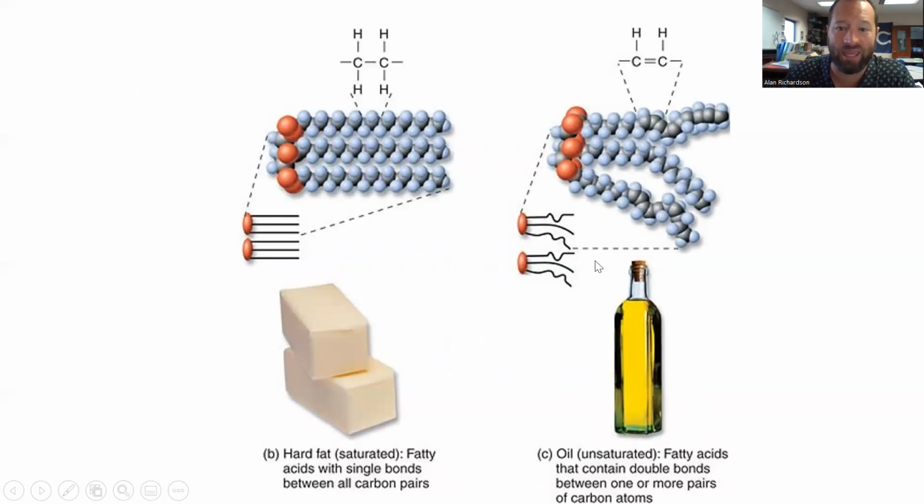Because of that kink, when you line them up, when you package these fatty acids, the unsaturated versions don't pack very tightly. You can kind of see that here. We've got these kinks in the tails. They don't lay flat, and so you can't put a whole bunch of unsaturated fatty acid tails together. They just don't package very well because of that double bond and that bend in the chain.